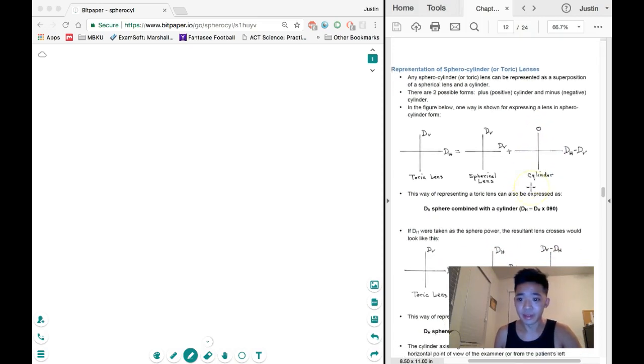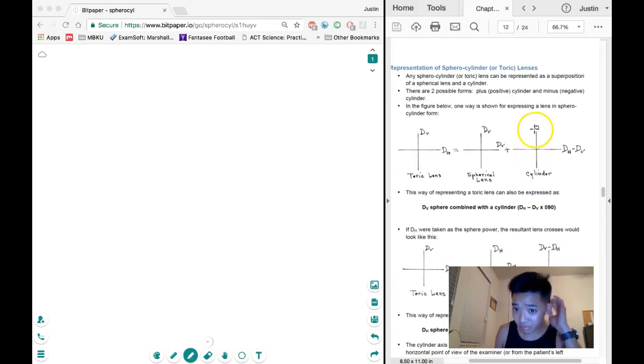So that's what this represents here. This way of representing a toric lens can also be expressed as a sphere combined with a cylinder.